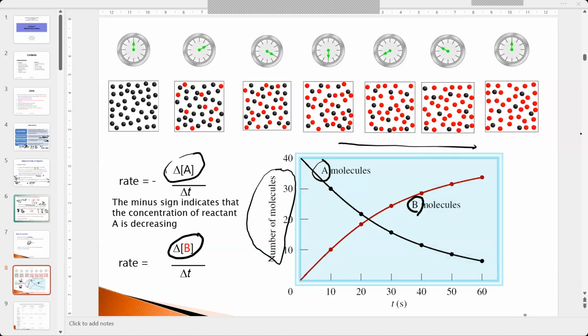Look at the concentration of B. How do you know that the rate of reaction is changing? It's not fixed. You look at the slope. Is the slope the same or changing with time? Changing. See, it's changing. So here you have a high slope. In this fragment, the slope is less. Here maybe the slope is more or less. Okay.